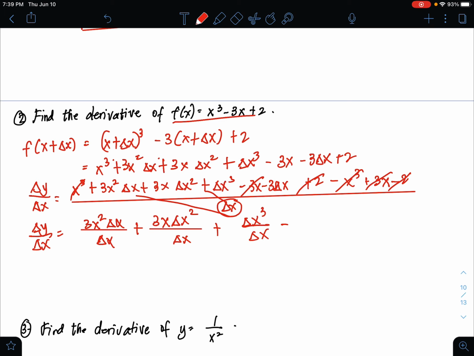Minus 3 delta x over delta x. Okay. Cancel. This one has one left, this one has two left, and this one is gone. So, therefore, when you multiply delta x times 3x, it becomes 0. This too, 0. Now, we have our final answer as 3x squared minus 3. So that is our final answer.